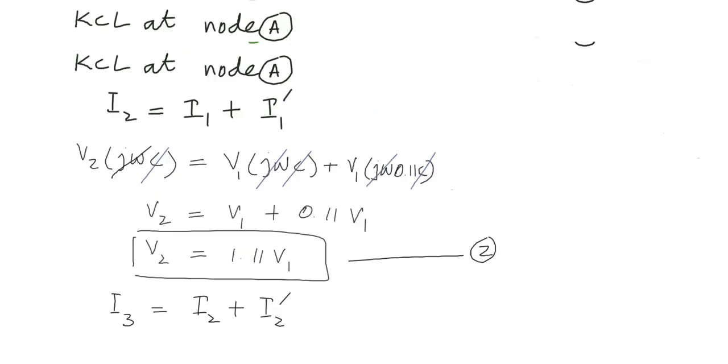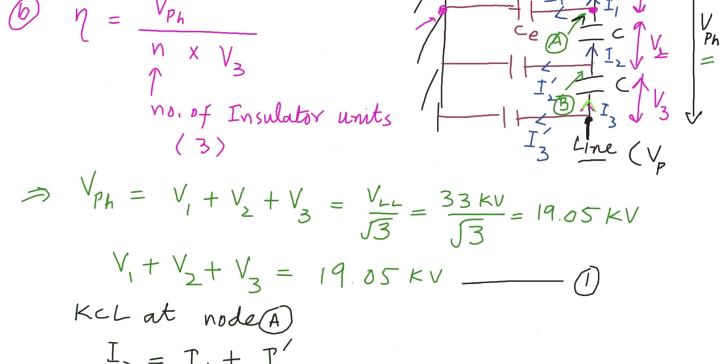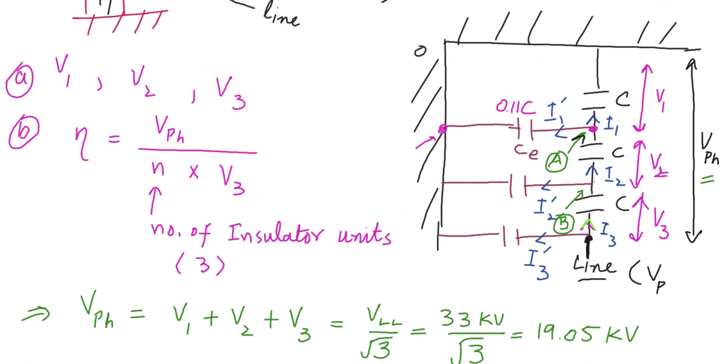Now I3 will again be equal to the voltage across this unit, which is V3 multiplied by j omega C. C is the capacitance of this unit. And similarly, I2 will be the voltage across this second capacitance, which is V2 multiplied by j omega C.